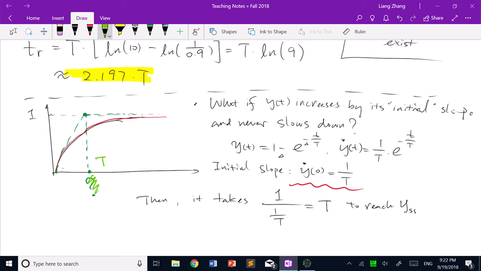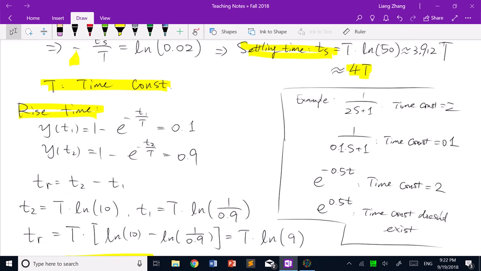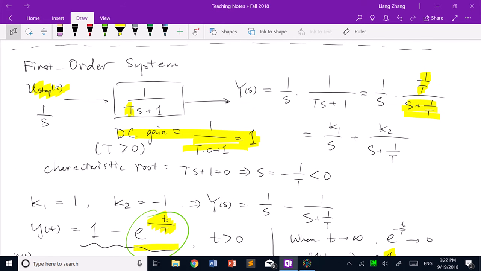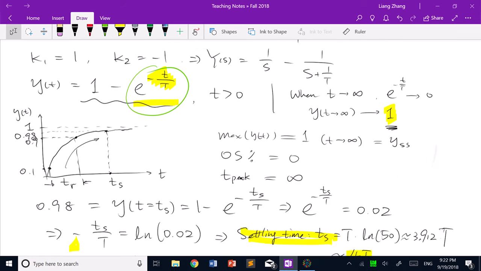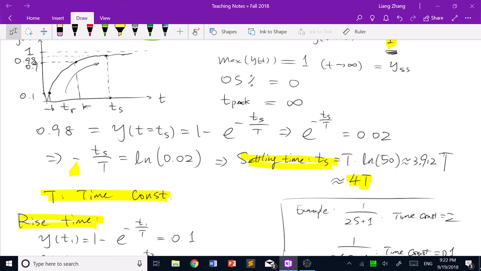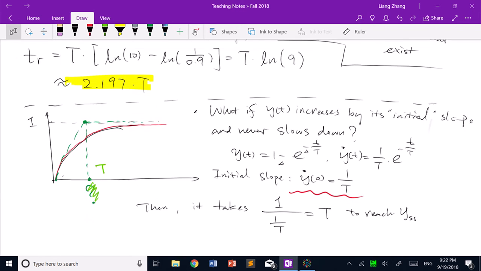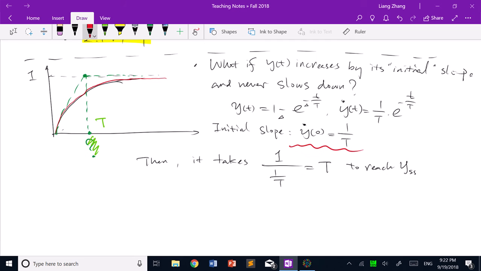Now, all these discussions, if you go all the way up to the beginning of this section, we assumed that the DC gain is equal to 1. But these results, settling time and rise time, are independent of DC gain.